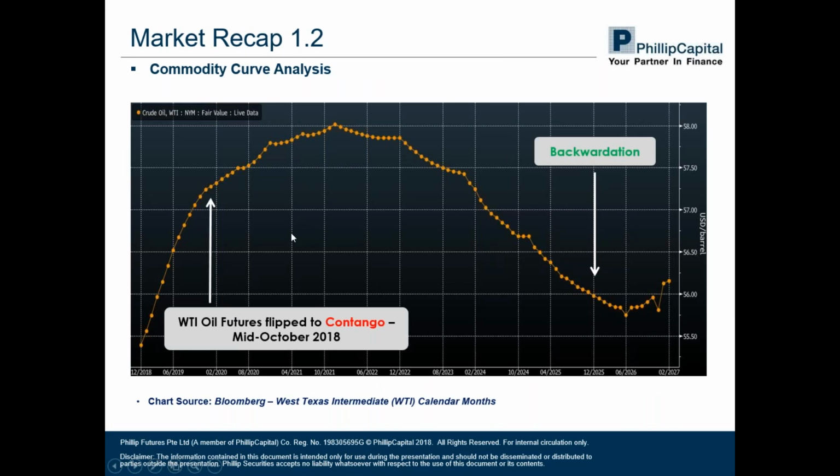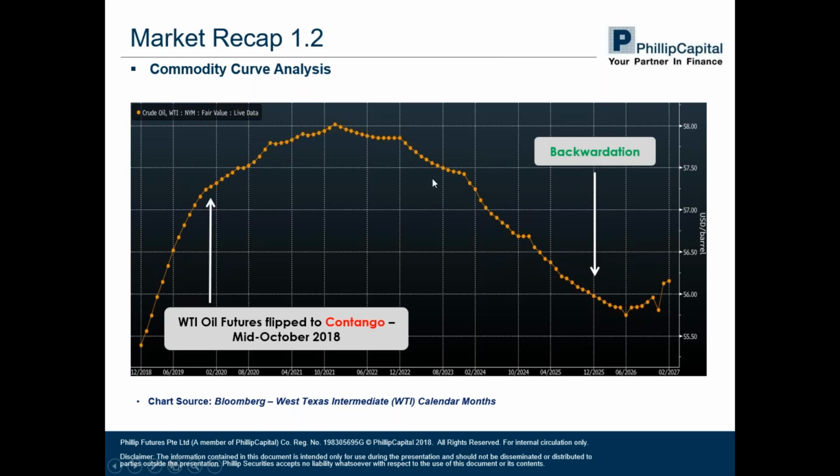It's a last minute inclusion, but we have seen a shift in the commodity curve in the recent term, actually in mid-October, right, where oil futures actually moved to contango. Now this is quite important because, for those of you who do not understand, when the calendar spread is in contango, it's very natural.